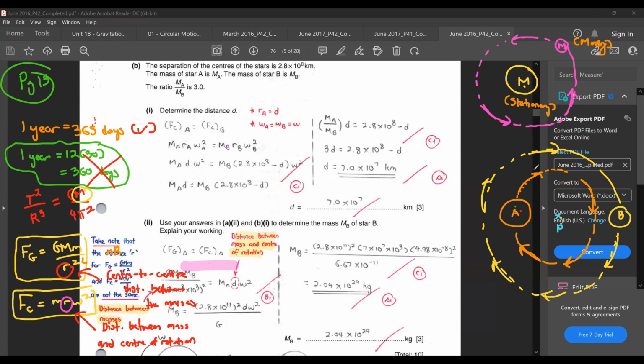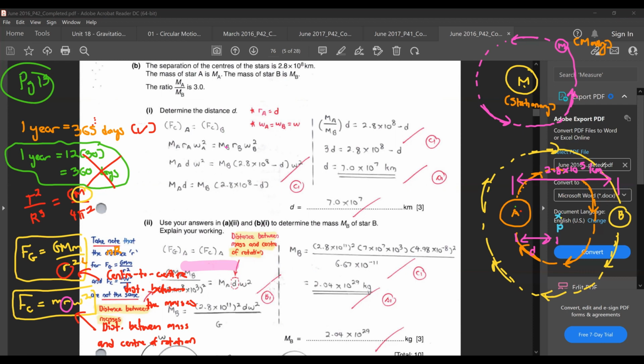This is distance D. But they also give you the distance between your stars.